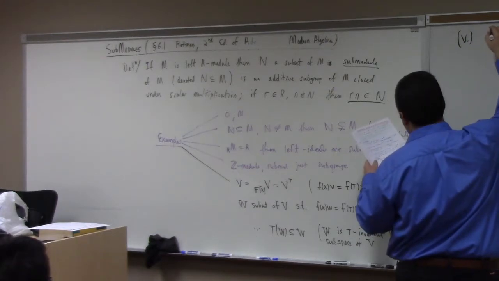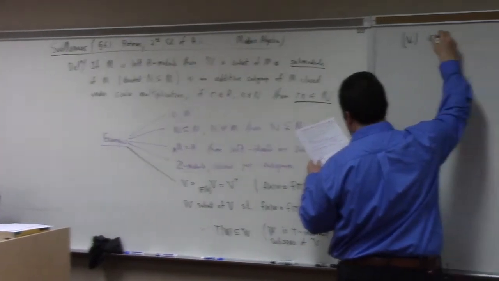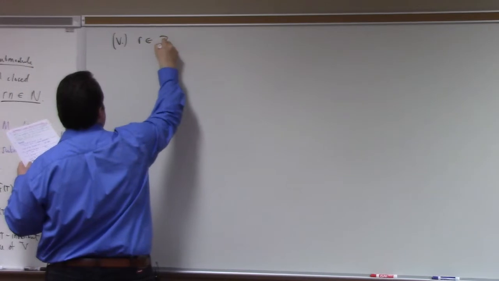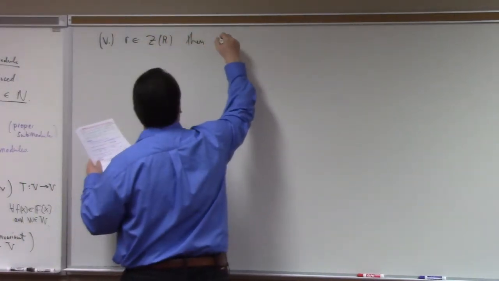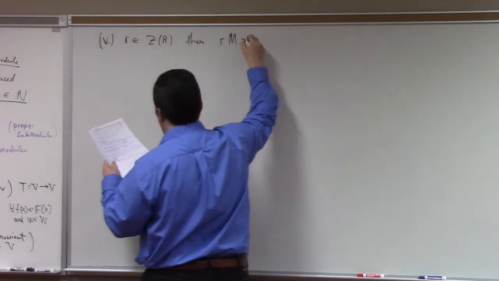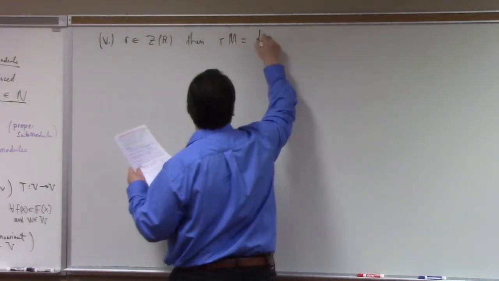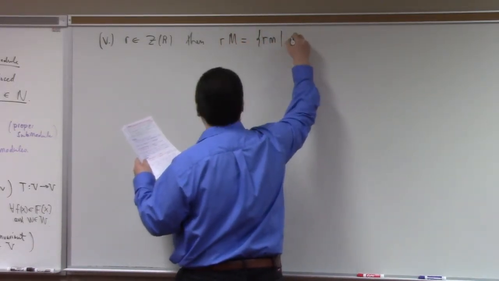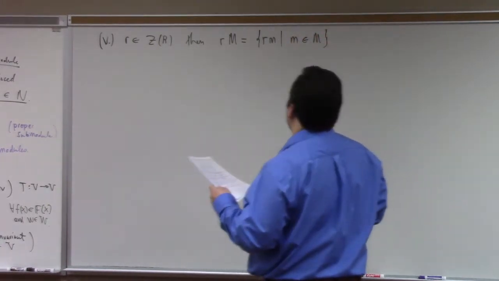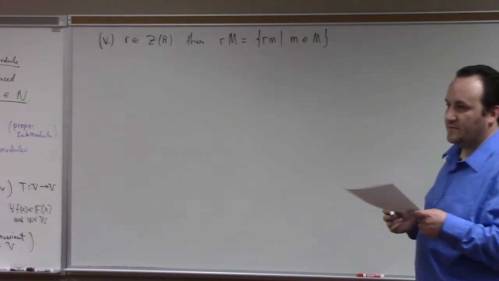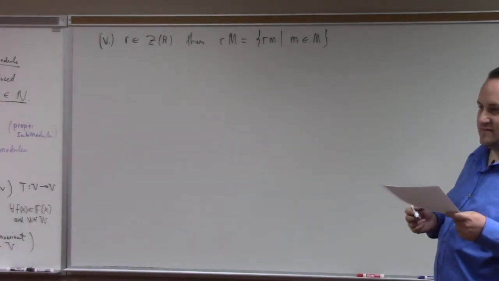Maybe you'll remember this, guys. If r is in the center of the ring, then we can define RM equal to what? rm such that m is in M. So all r multiples of M, but that only makes sense as a submodule if r is in the center of the ring.